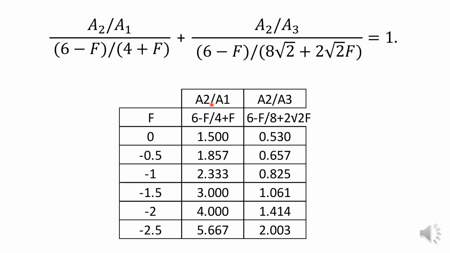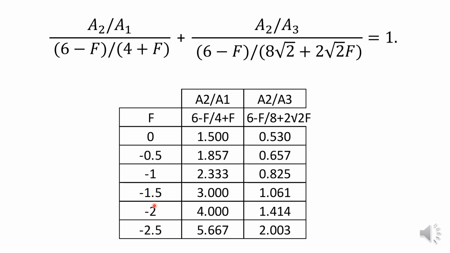So the a2 over a1 will be over this, and the a2 over a3 will be over this. That's for f equal to 0. You can go through this and pick out a convenient value of f that will give you sufficient choice in your ratios of cross sections.